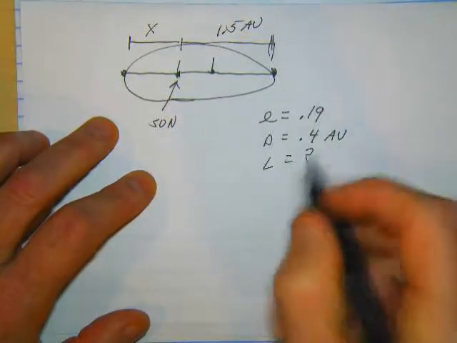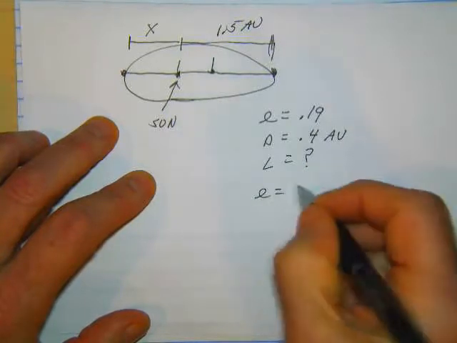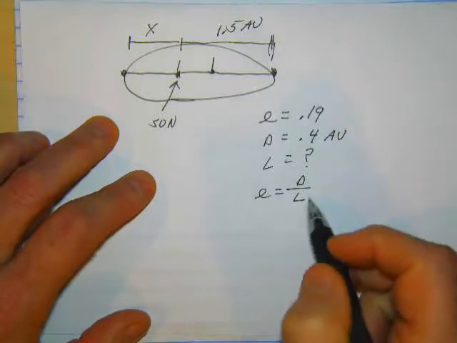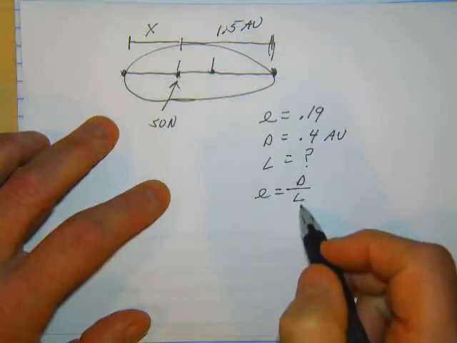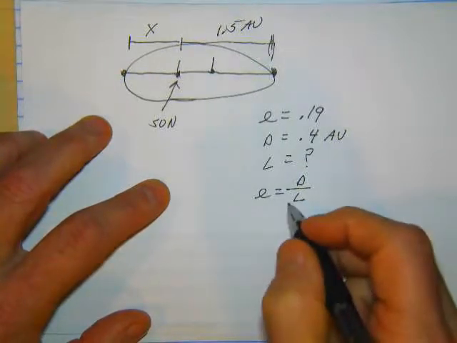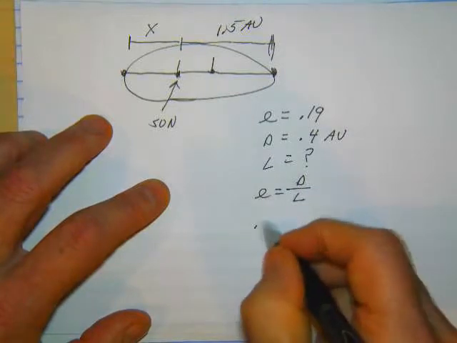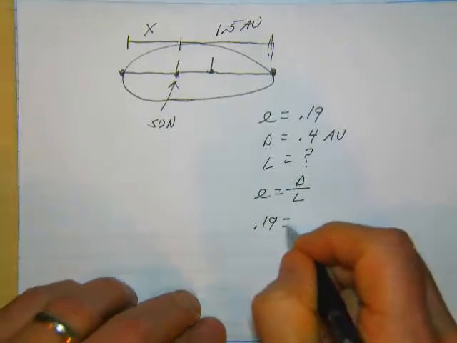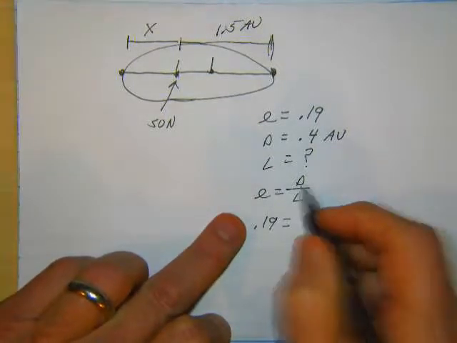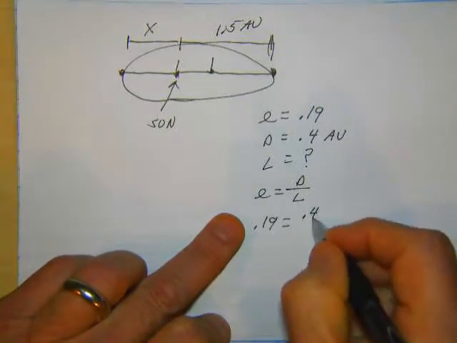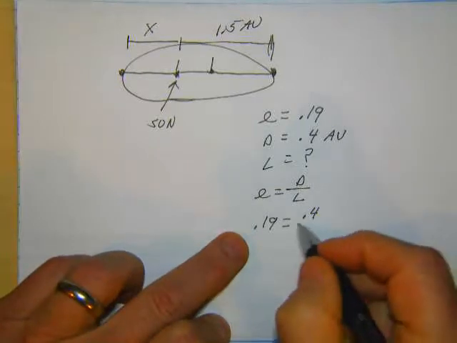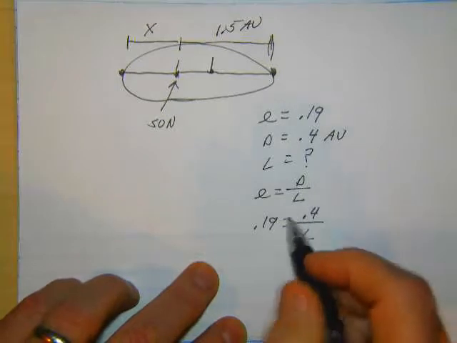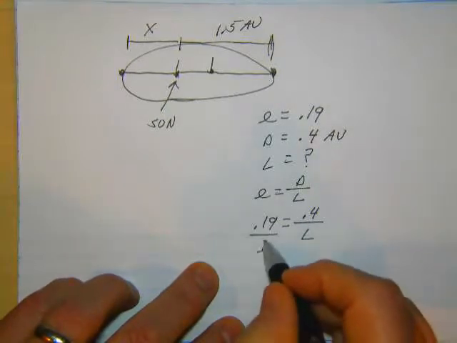So we know our formula: eccentricity is the distance between the foci divided by the length. We can go ahead and plug this in. So 0.19 equals, we know D is 0.4, and I'm not going to put the units in on this one, over L. This is our typical cross multiply and divide, so I'm going to put this over 1.